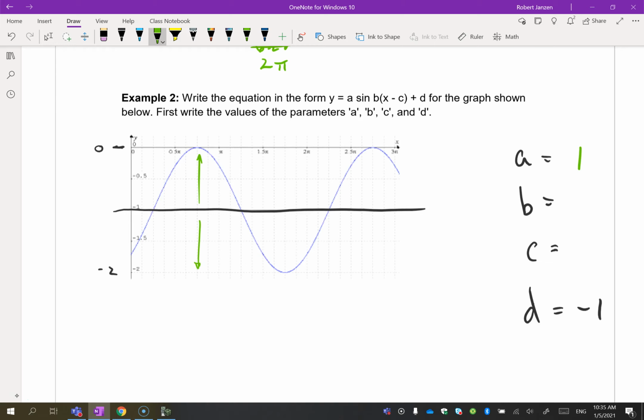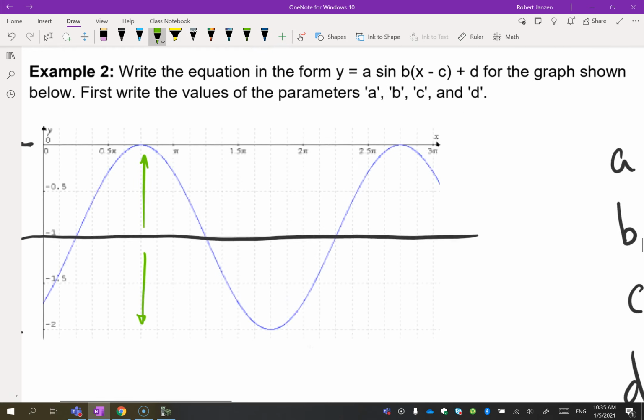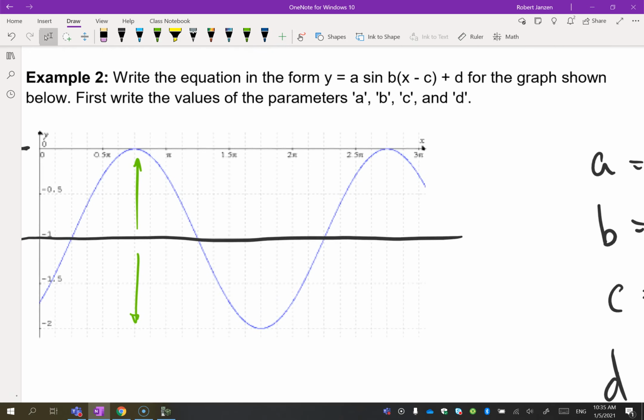Okay. What else do we need to know? Well, we need to know what the period is. Okay, the period is how long does it take to make one sort of pattern or one period. Well, here's what I'm going to do. I always like looking at the midline and finding where does this graph cross the midline going up.